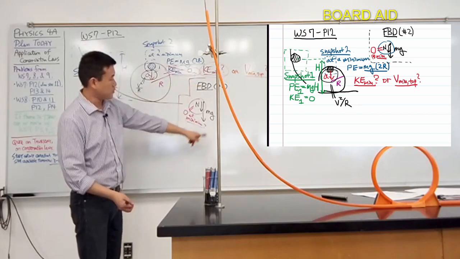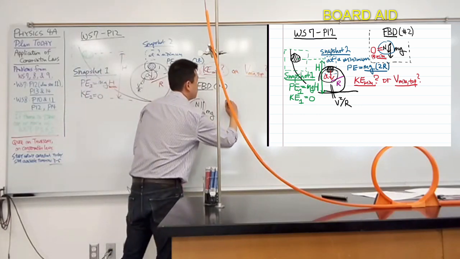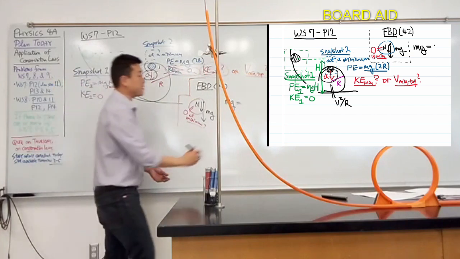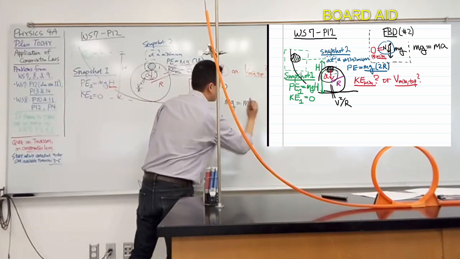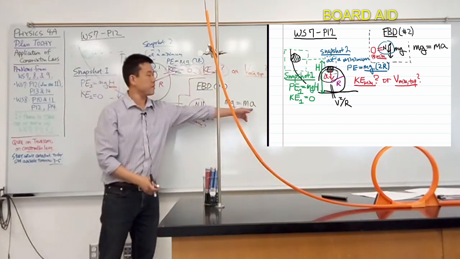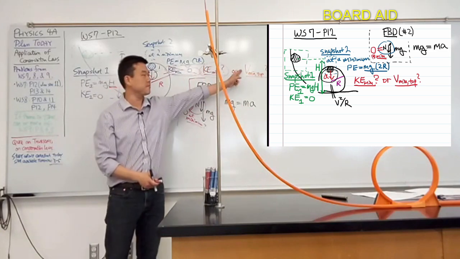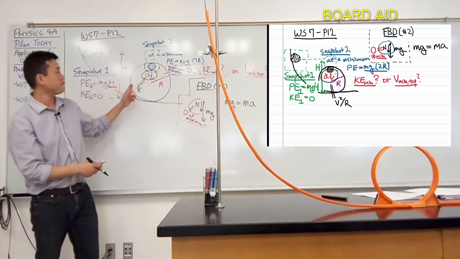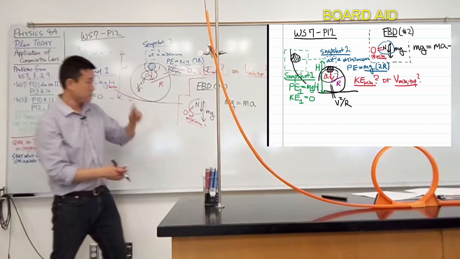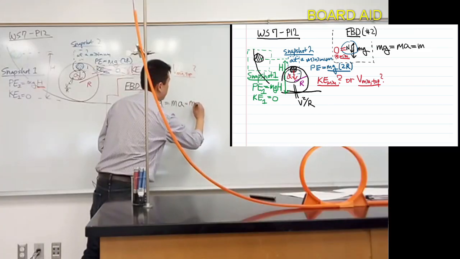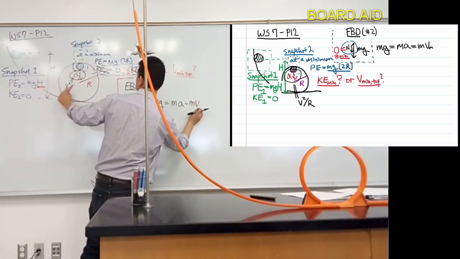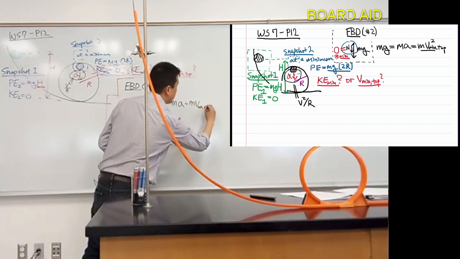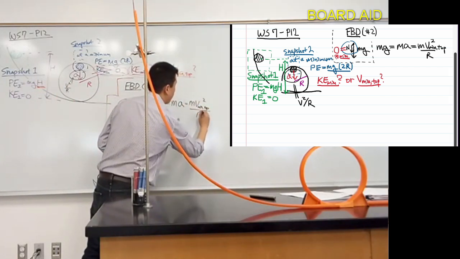The downward force of gravity, mg, has to be equal to the net force, mass times acceleration. But acceleration has nothing directly to do with the speed. How? We have that it's a circular motion, so do that also. Here, this v will be the minimum speed at the top, minimum speed at the top squared over r.